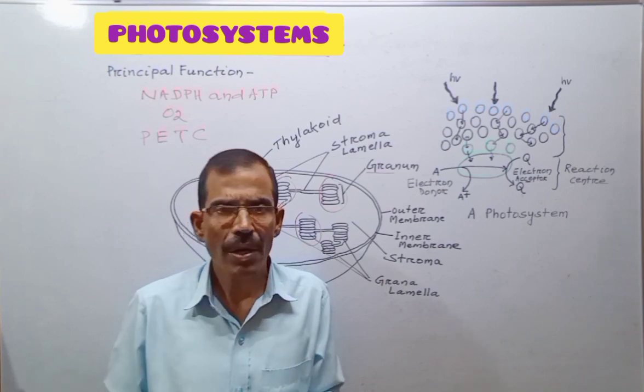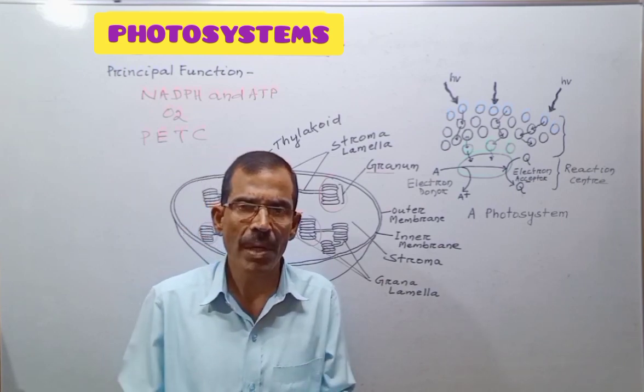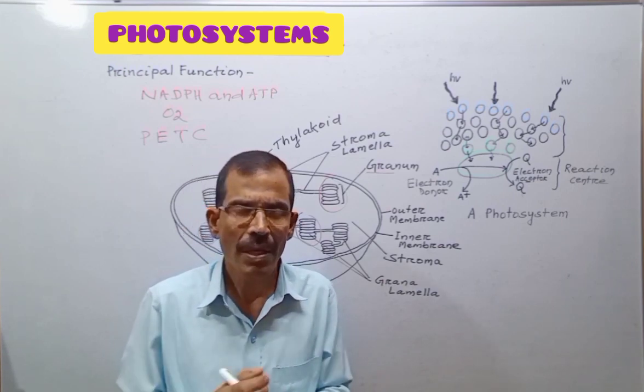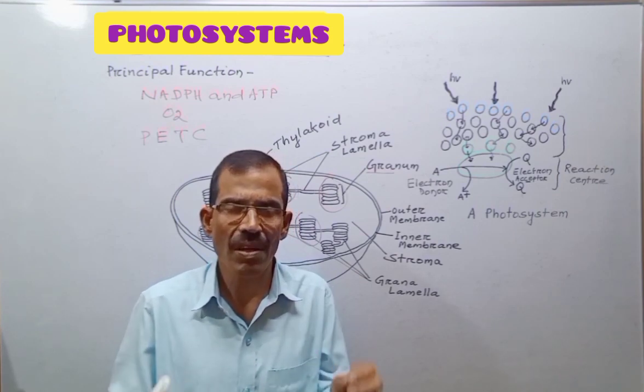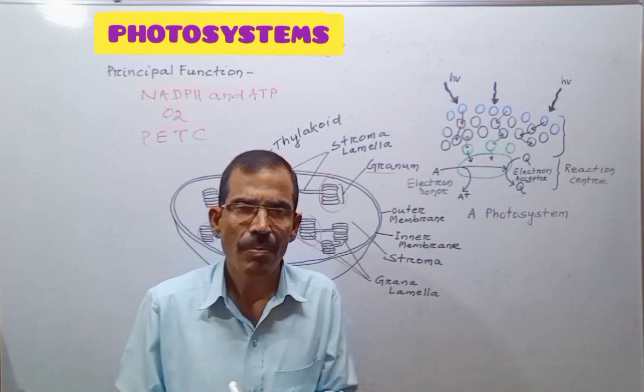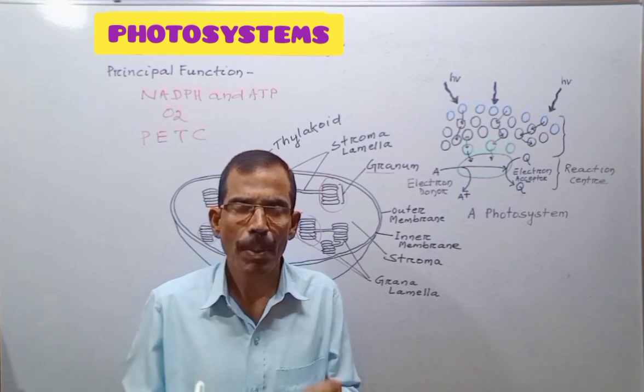In the thylakoid membranes, various pigment molecules along with associated proteins form functional sets or clusters called photosystems or pigment systems.